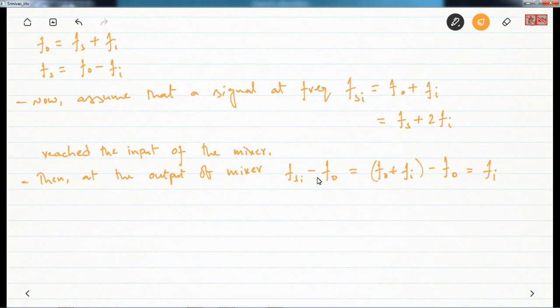Then the output of the mixer will have an IF frequency that corresponds to the radio transmission at Fs as well as to the radio station at Fsi. That means we will be listening to two radio stations simultaneously, and both signals get mixed.